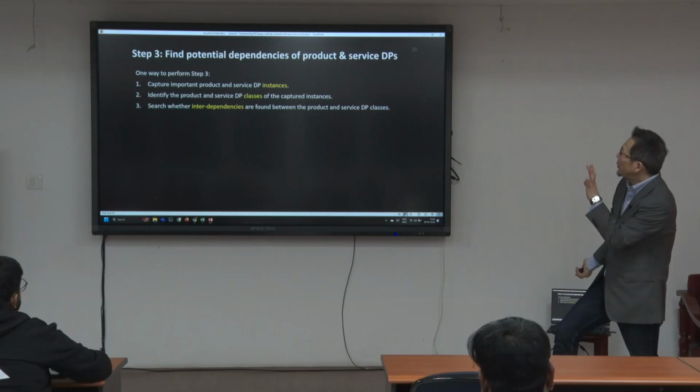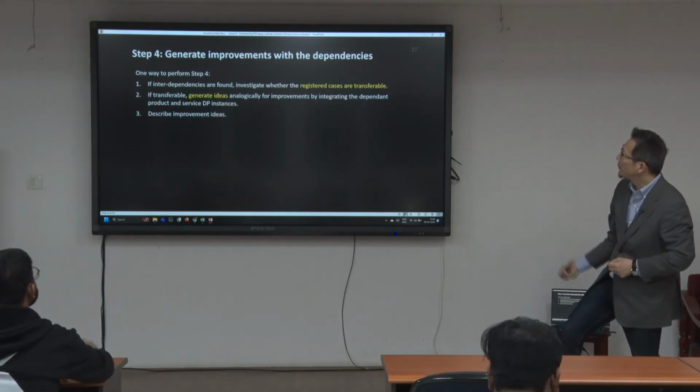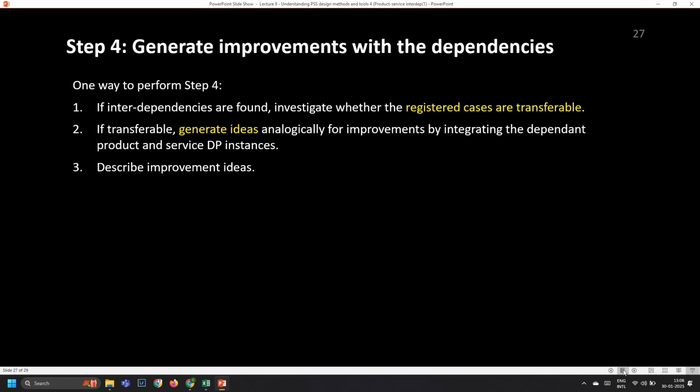Then you get the dependencies of the product and service, and then moving to step 4. Suppose you have obtained interdependencies between the product and services. Investigate whether or not the registered cases are useful to your own PSS case.